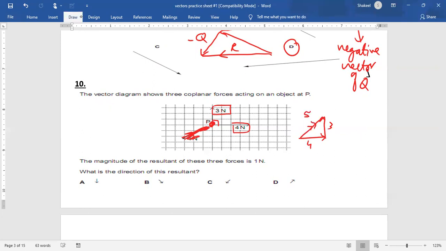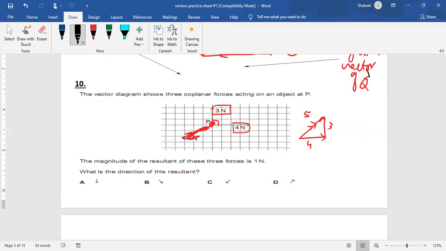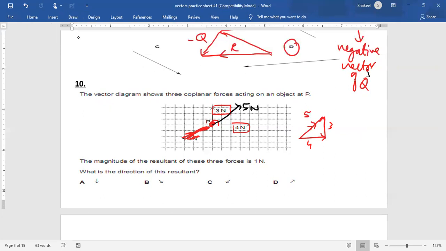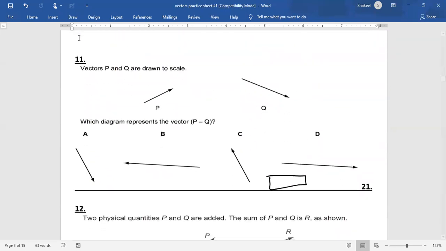So it means that the resultant of these two is 5 Newton this way. Now, let's talk about the other one, like this one. So 5 and 4 both are opposite to each other. So obviously the resultant will be 1 Newton towards 5. So that is D.